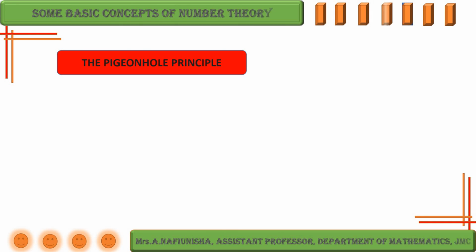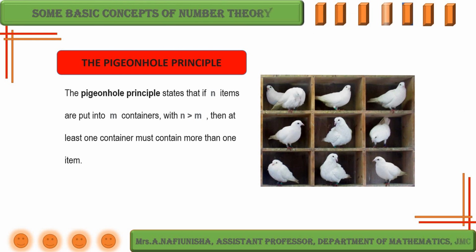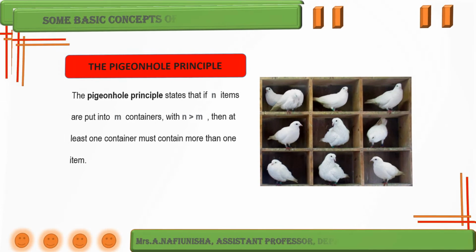The pigeonhole principle. The pigeonhole principle states that if n items are put into m containers with n greater than m, then at least one container must contain more than one item. The pigeonhole principle is one of the simplest but most useful ideas in mathematics.